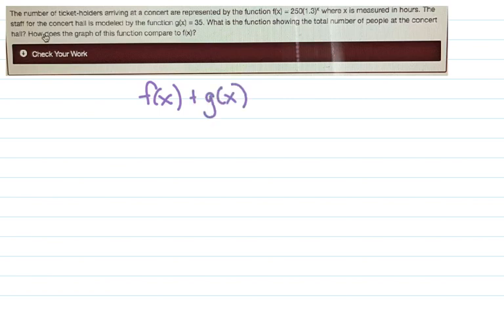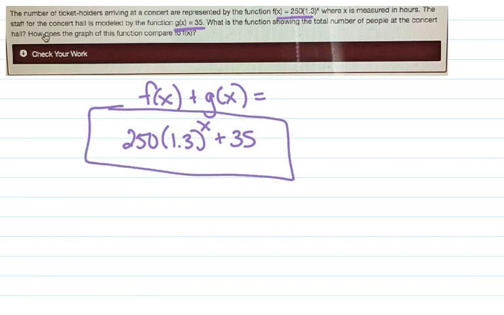So f of x plus g of x added together should be our total. So f of x was 250 times 1.3 to the x, and our g of x, I got that from right here, our g of x was 35. So this is our new function for all of our people at the concert.